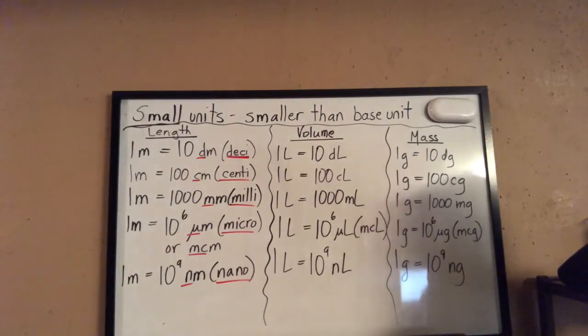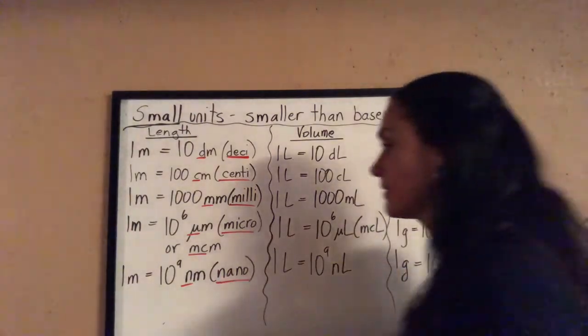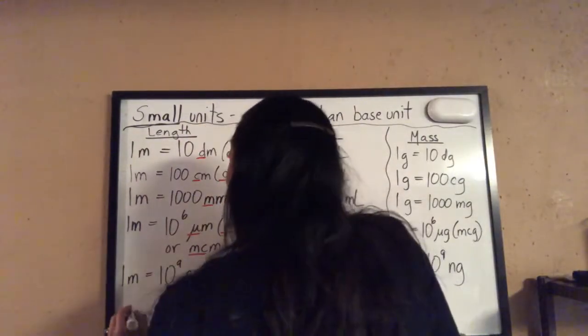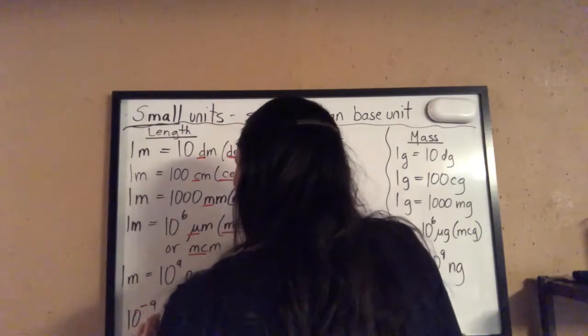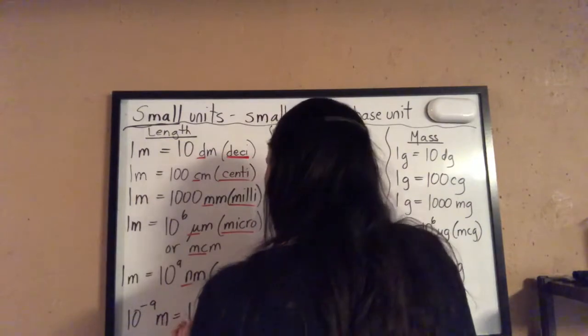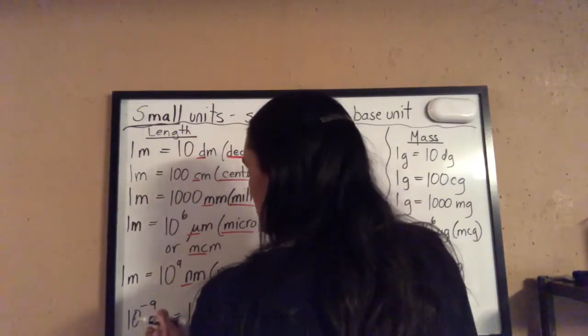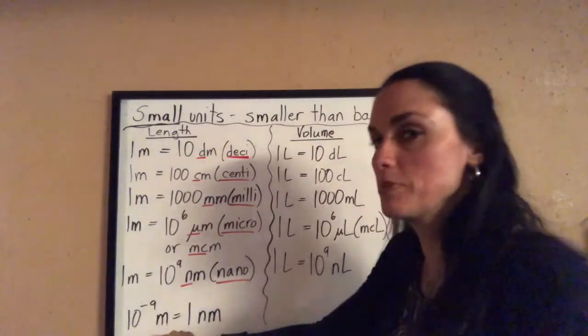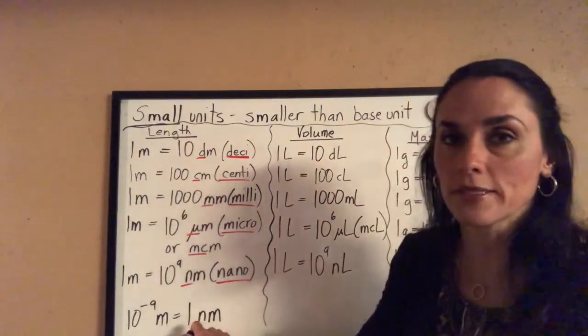Okay? I presented this in a way that you have it equal to 1 base unit. The textbook chart goes into negative exponents, which sometimes confuses students. So I presented it this way. Textbook has it this way. For instance, nanometers: 10 to the negative 9th meters equals 1 nanometer.